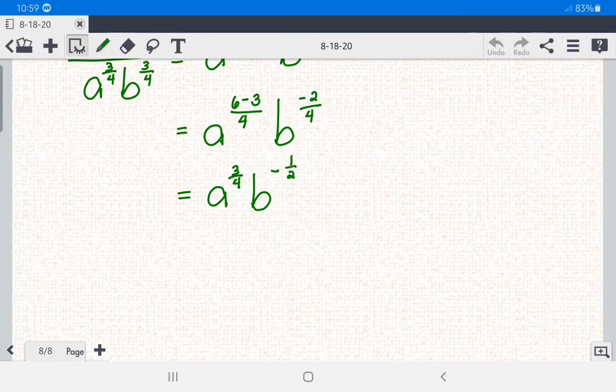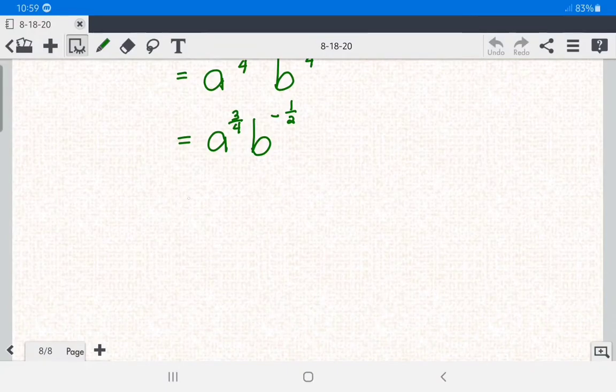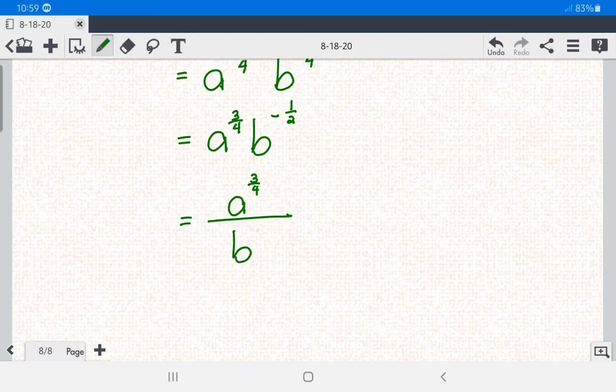Since we have here a negative exponent, automatically you're going to make it one of the denominators, right? So in this case, there is only one denominator, which is b raised to positive 1/2. Since this is positive, you will just stay it here. As the numerator, we have a raised to 3/4. So this is the answer.